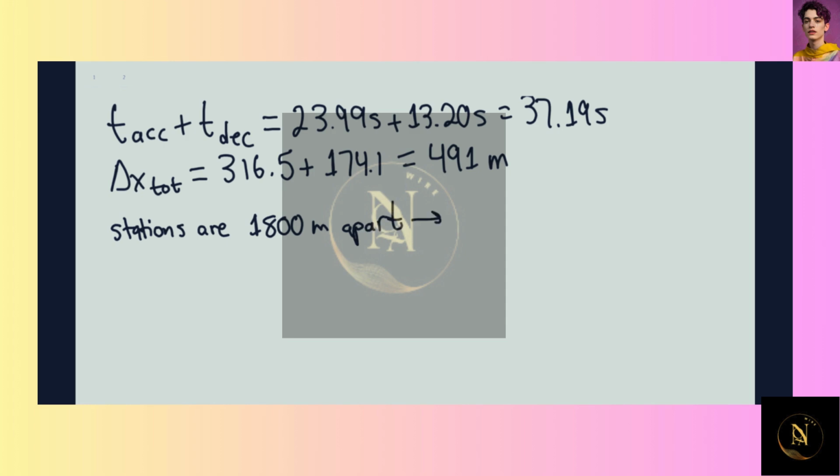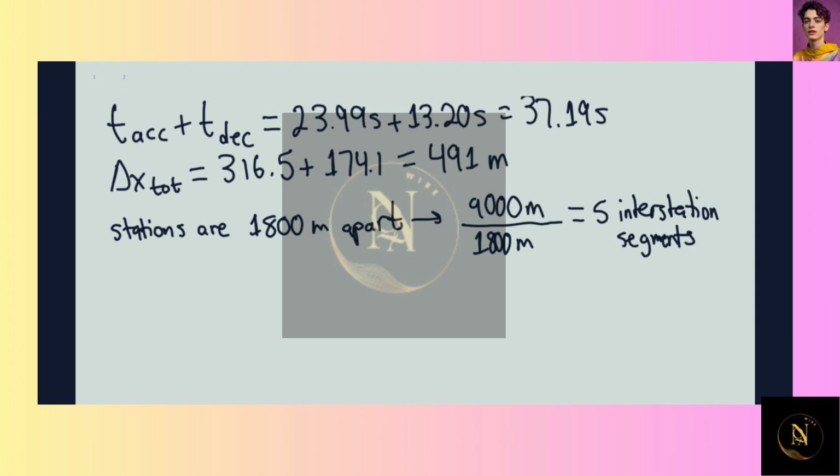So we can say 9,000 meters divided by 1,800 meters. This would equal 5 interstation segments, we'll call it. And we know that a train making the entire trip would have 5 of these segments.